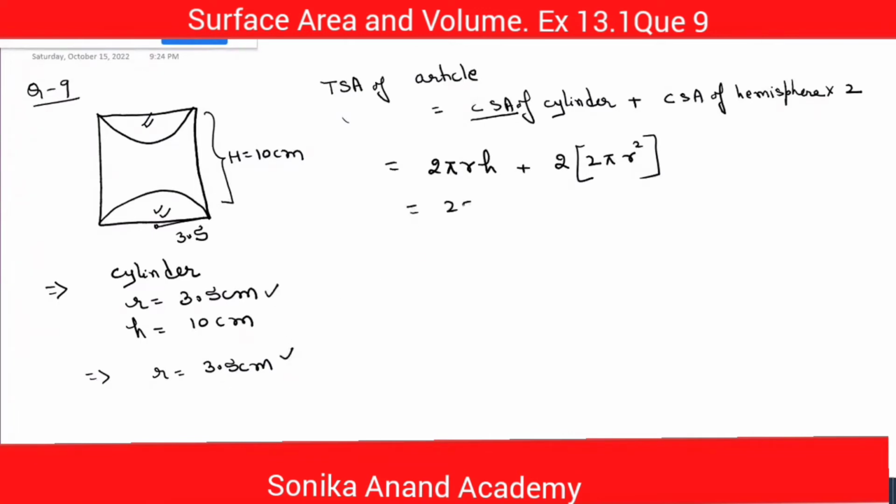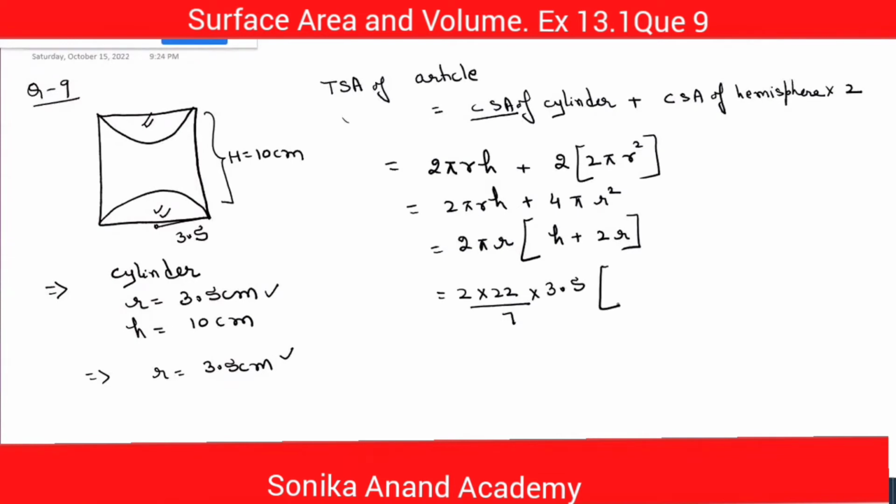So firstly we try to take the common. It makes our calculation easier. 2 pi r. So here I am left with h, here 2r. Then I substitute different values. Into 3.5. 2 into 3.5.